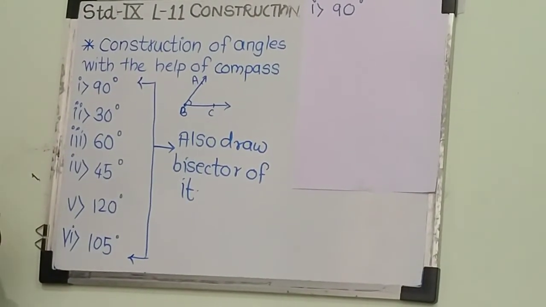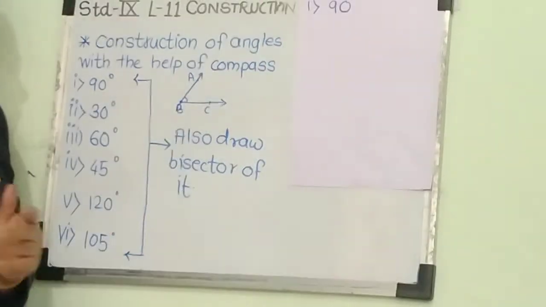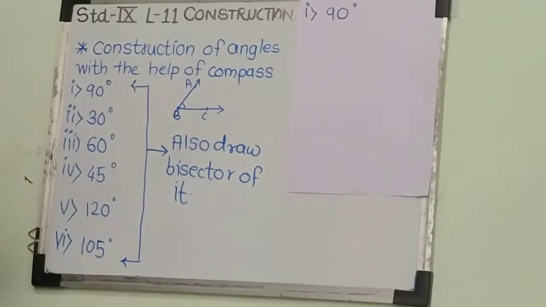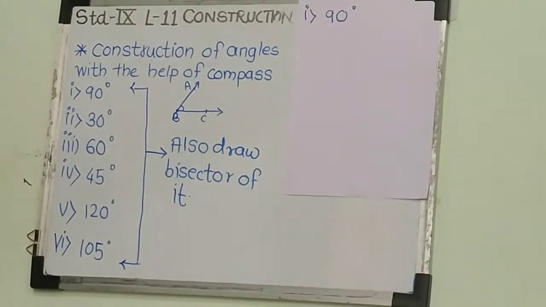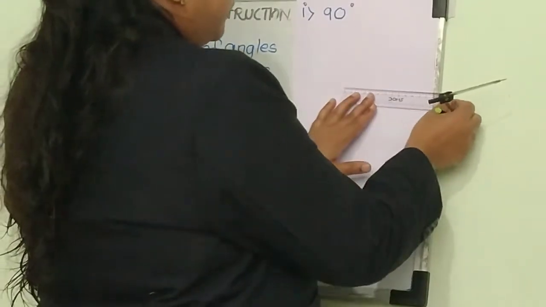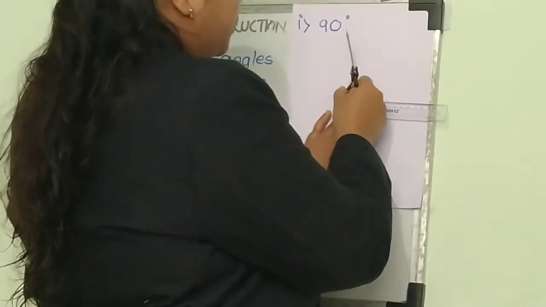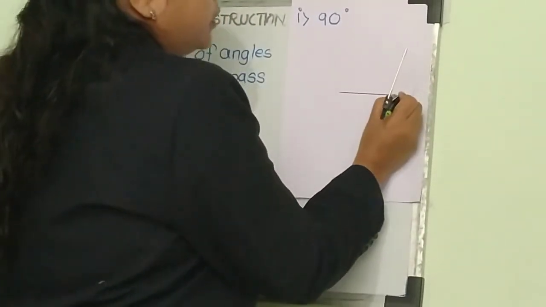So generally we are going to draw the fixed length, we are going to take it on our own. So first I will draw one ray. See here, I am going to draw some ray. Okay.